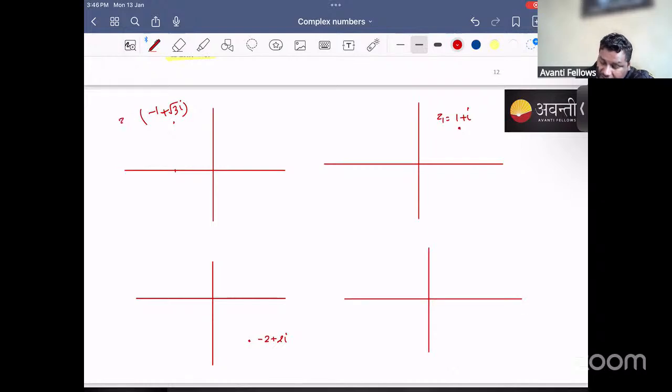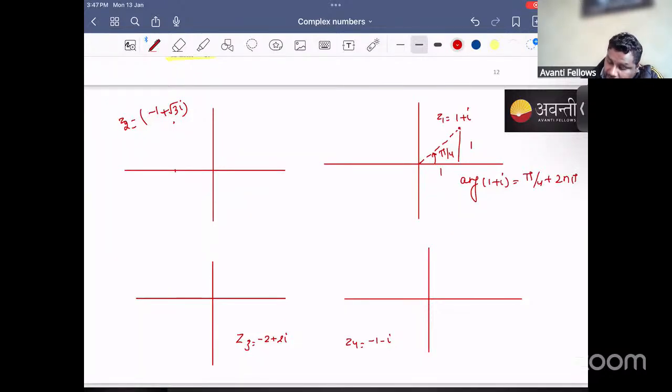Say I call them Z2, Z3, and Z4 is minus 1 minus iota. First of all, you join this. This length is 1, this length is 1, so this angle is going to be pi by 4. Means argument of 1 plus iota is pi by 4, and then you can add 2n pi to it.